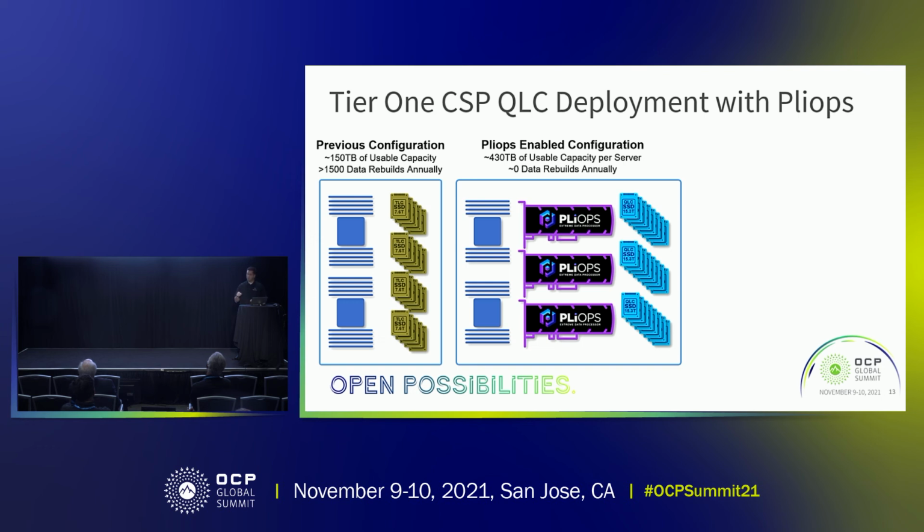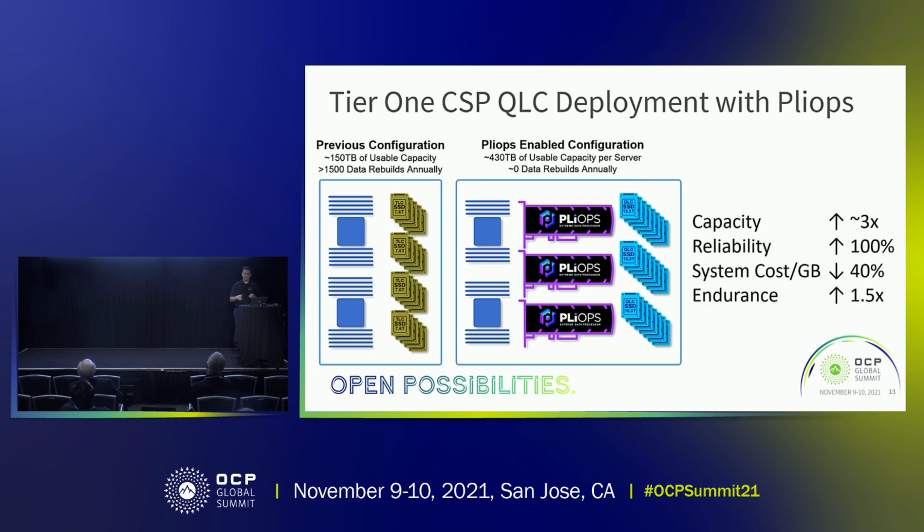This tripled their usable capacity per server, but there were more benefits than just capacity. We later learned that they were seeing 1,500 data rebuilds a year in their data center on that previous config. With QLC plus Pliops, that dropped to near zero.